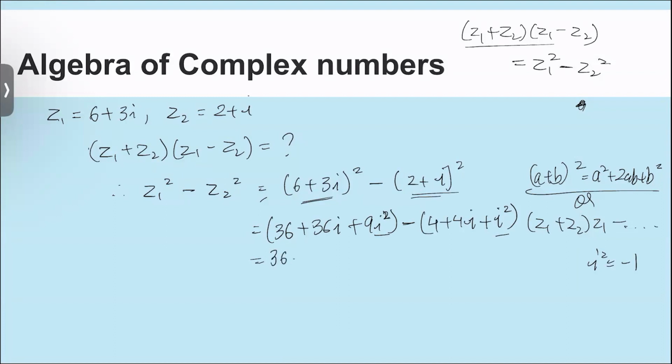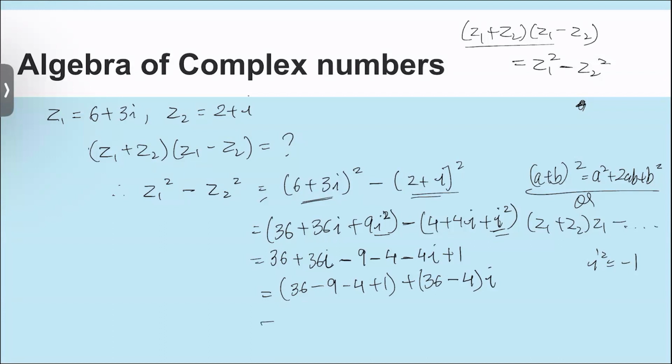You have 36 plus 36i minus 9 minus 4 minus 4i, and this itself becomes minus 1. So minus 1 and minus, so you have plus 1. Okay, so then if you take all the real numbers to one side, you have 36 minus 9 minus 4 plus 1. Okay, and you have 36 minus 4i.